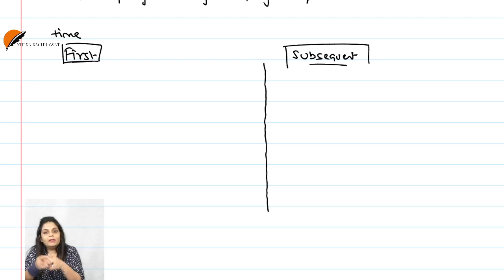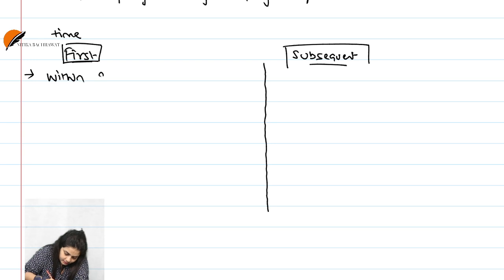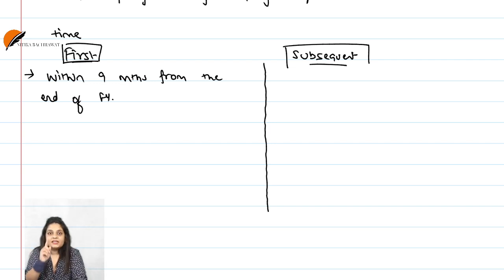I already told you the meeting is held after the financial year ends. So what is the time limit? The time limit is obviously always after the financial year ends. So the time limit for holding the first meeting is within 9 months from the end of the financial year. Please understand, I am not saying 9 months from incorporation. No, within 9 months from the end of the financial year. That means what?